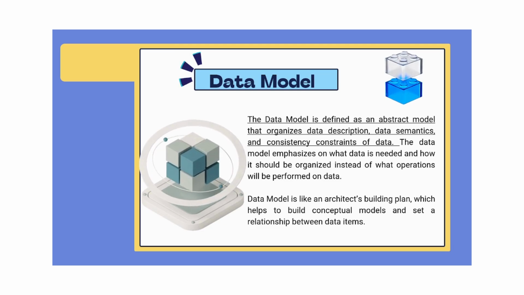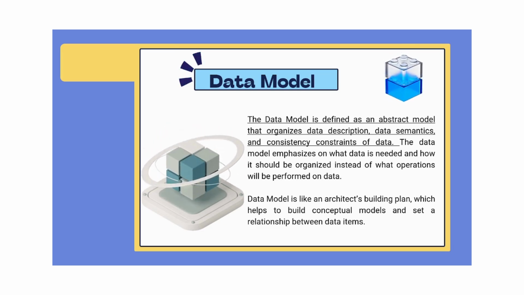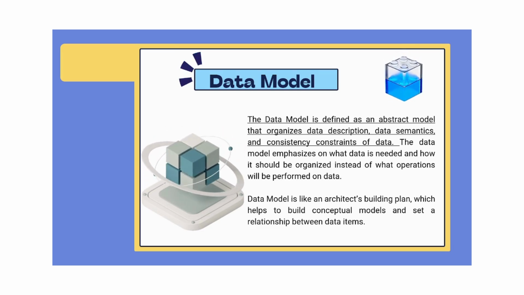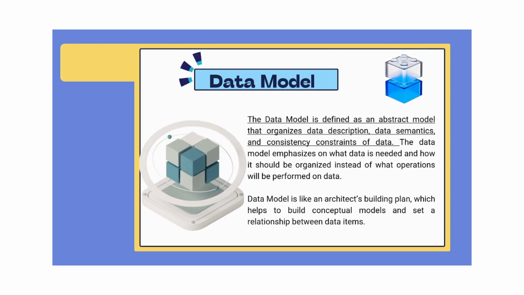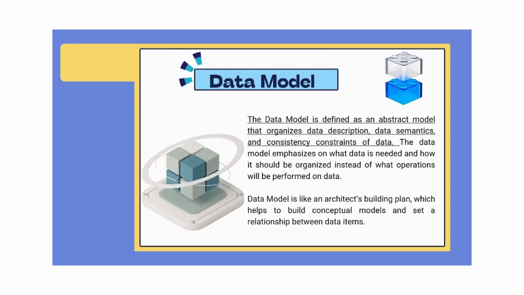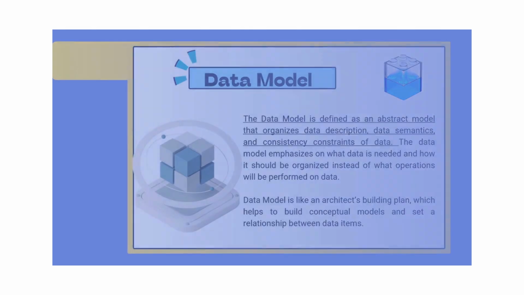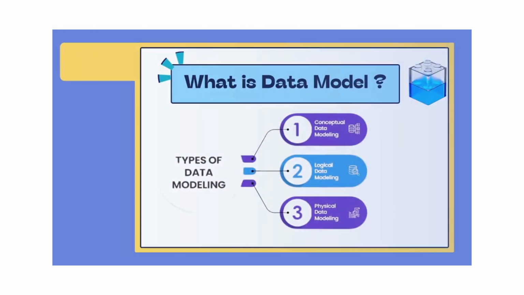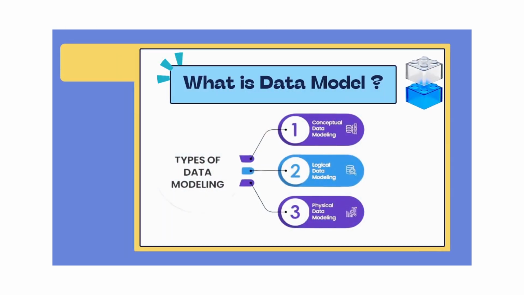Data model is like an architect's building plan which helps to build conceptual models and set a relationship between data items. Now, the types of data model: conceptual data modeling, logical data modeling, and physical data modeling.